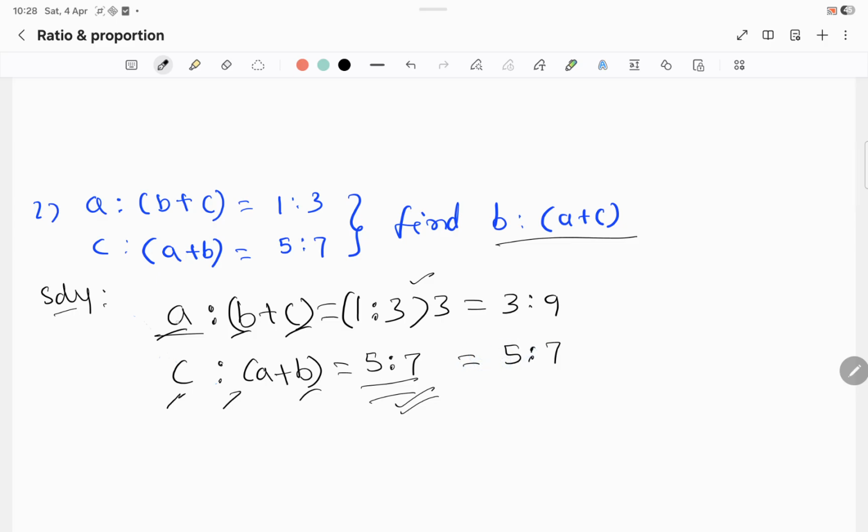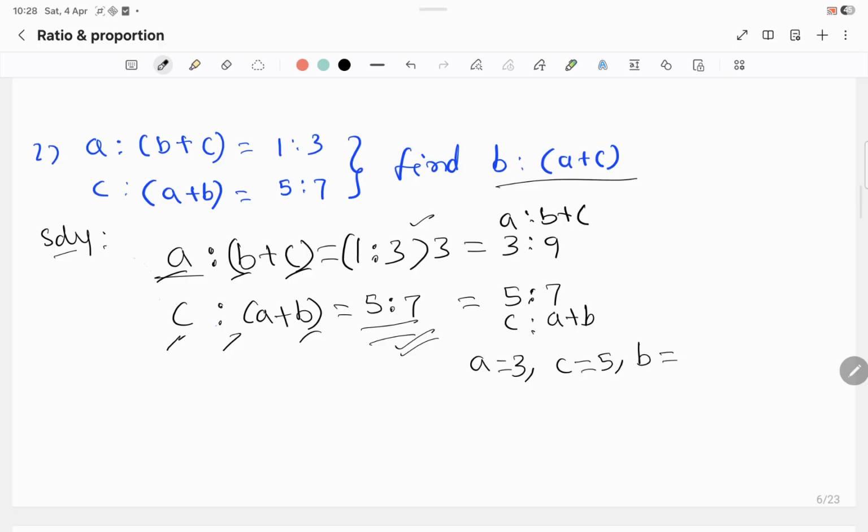Now this is A is to B plus C, and this is C is to A plus B. So A is equal to 3, C is equal to 5, and then what happens to B? Now see, in this 7, A plus B it is. A is 3 parts, then B must be 4 parts.